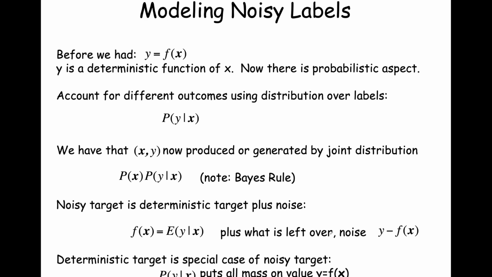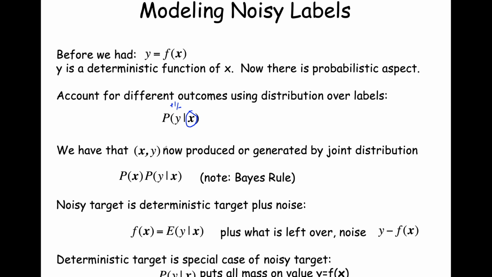And so we account for the different outcomes using a distribution over class labels. We model this as a conditional distribution, the probability of our label y, which can be +1 or -1, given our input feature vector representation.